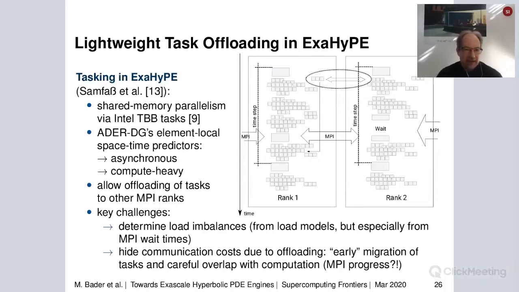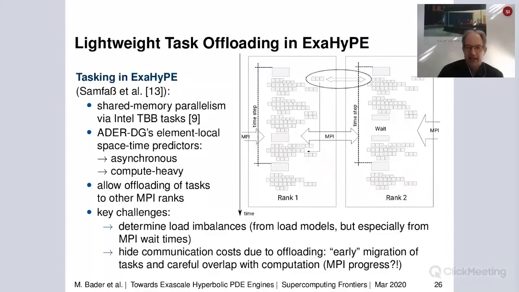And we actually implemented an infrastructure to allow us to offload these tasks beyond the borders of an MPI rank or a compute node to different ranks, different memory locations, compute them there, and get the result back. And for once, this allows us to deal with load imbalances, even in a dynamic way.